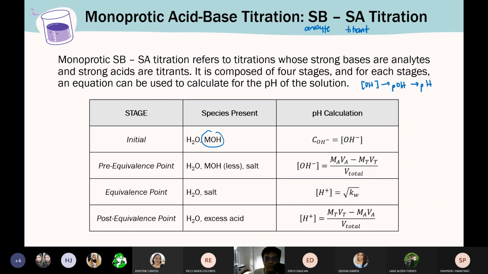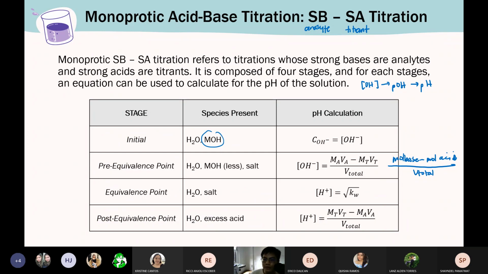However, the concentration that we are getting from this is the concentration of the base. We are just eliminating the amount of the titrant added, no? So this is mole base minus mole acid divided by the total volume. Okay? So, parang kanina lang, pero baliktad na sila. Okay?